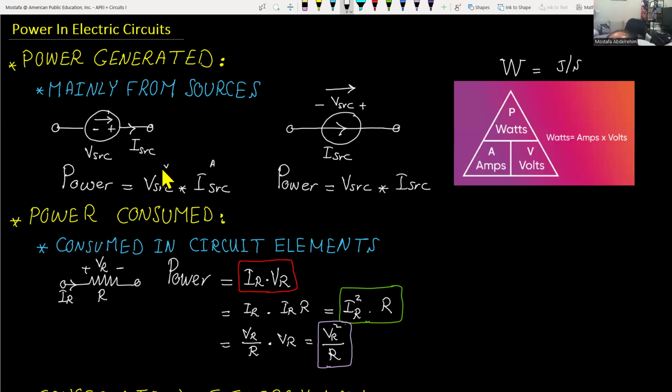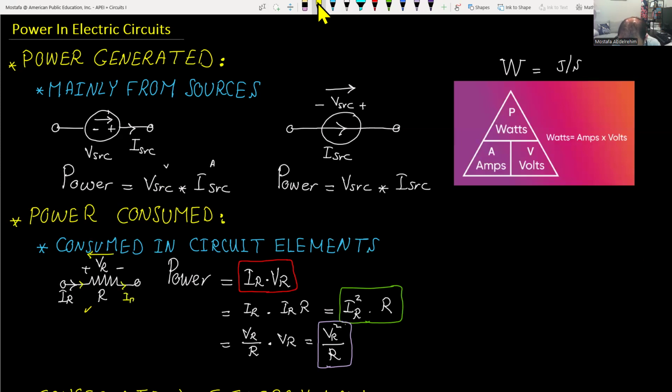Now for the resistance, what are the laws that calculate the power consumed in the resistance? If you have a resistance R like this, you have the voltage from negative to positive, and the current going in the opposite direction.